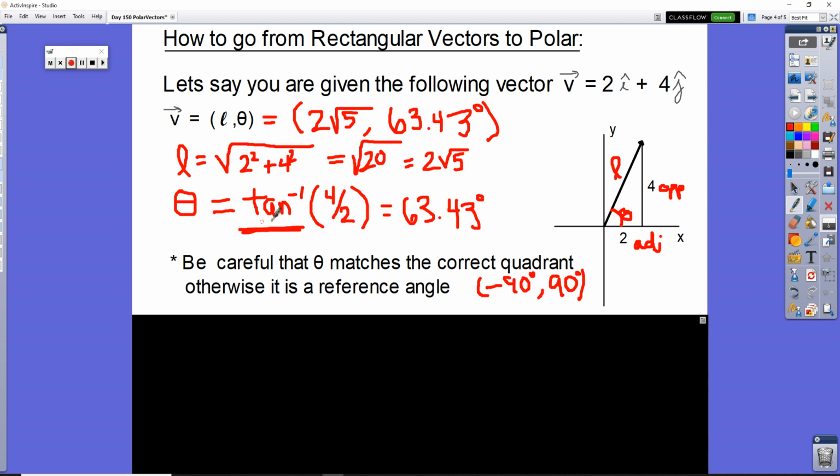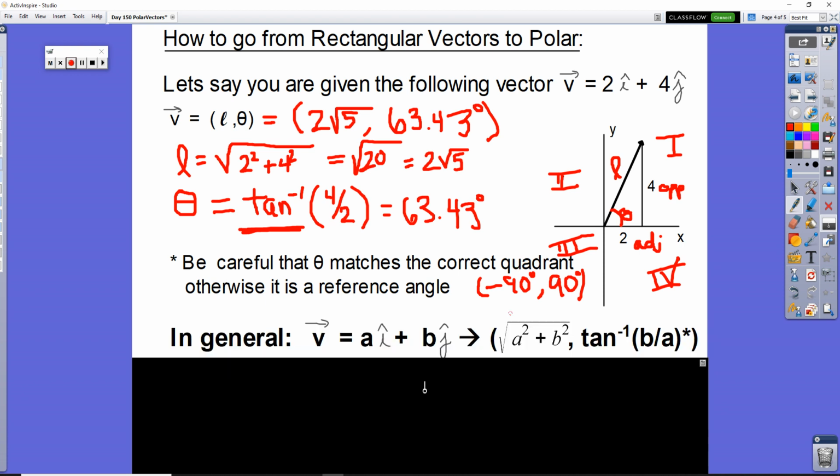Otherwise, what your inverse tangent is giving you is a reference angle. So negative 90 to positive 90 degrees can take me anywhere on the right-hand side of the y-axis. So basically, that's quadrant 1 and quadrant 4. But if your vector is traveling to the left, either into quadrant 2 or into quadrant 3, your directional angle is not going to match because inverse tangent can't do that for you. So you'd have to add whatever angle you're being given with 180.